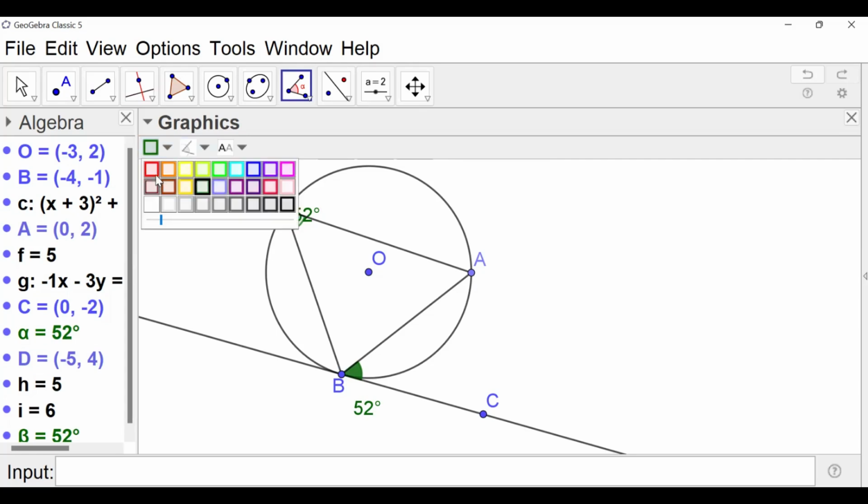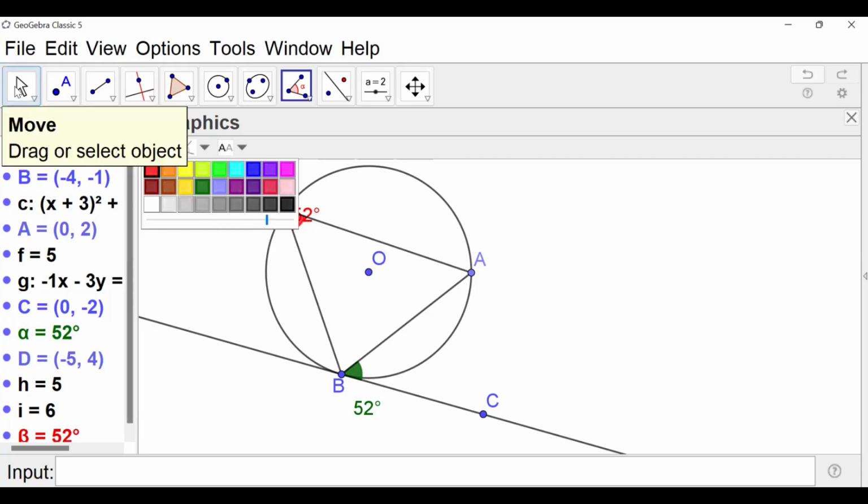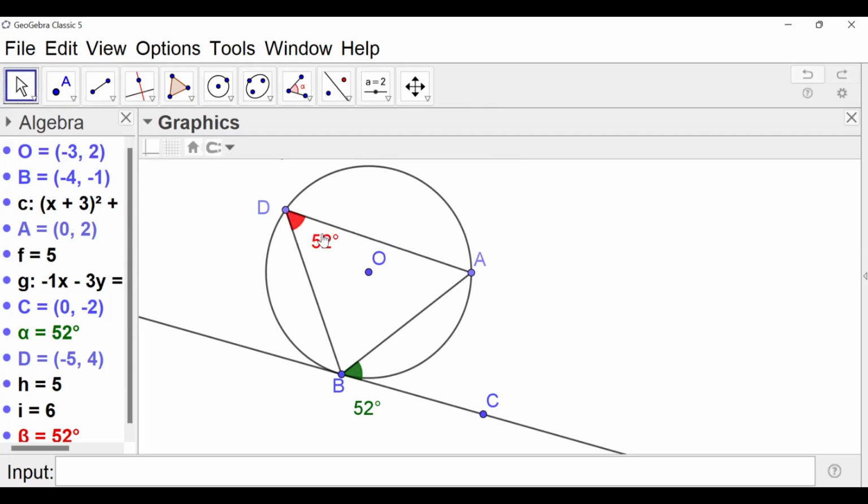Automatically, do you see what GeoGebra brought out? The same 52 degrees. And that is what the theorem is saying. Okay, so here we have 52. Here we have 52. So the theorem is saying that these two angles are equal.